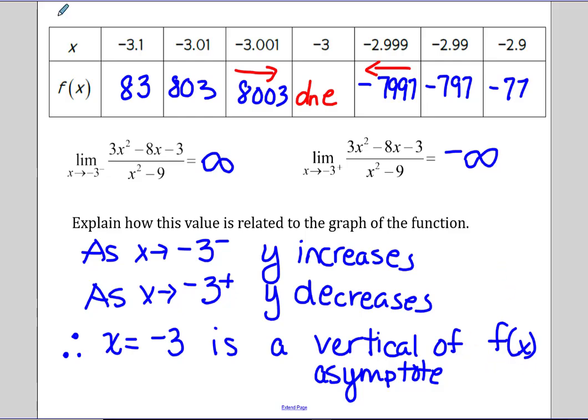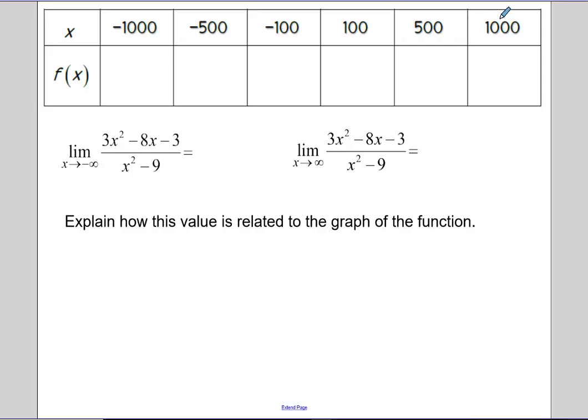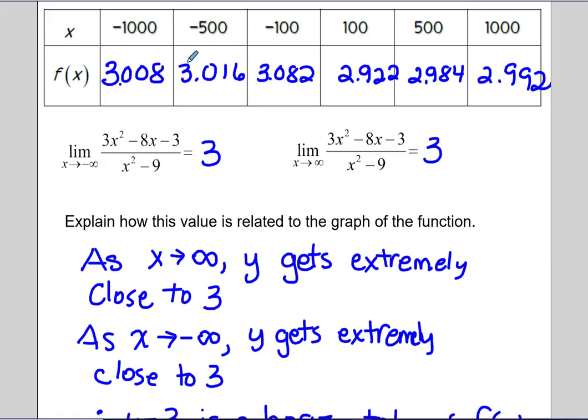Now the next example is for you to do on your calculator, and then come back and check your work. So this is what my table looks like, and we're reading the calculus notation for limit as x approaches -infinity. That function is getting arbitrarily close to 3, and as x approaches positive infinity, the larger values of x, we're also approaching 3.